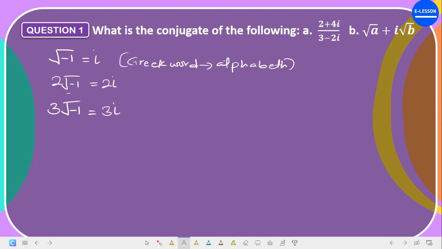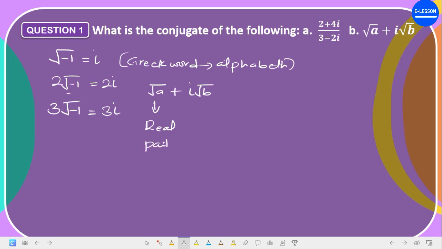Now, like I said earlier, every complex number has the real part and the imaginary part. So if I give you, let's say, root A plus iota root B, this part, standing on its own, not carrying iota, is called the real part.